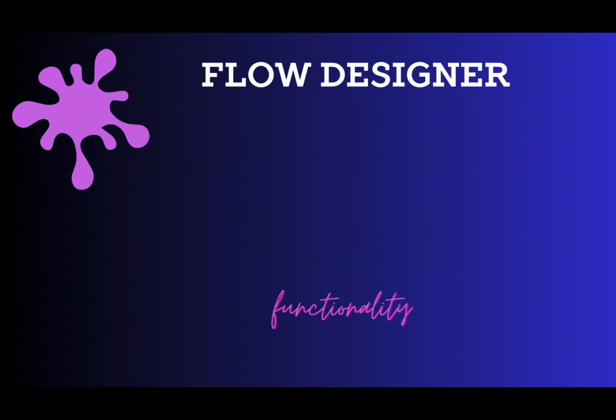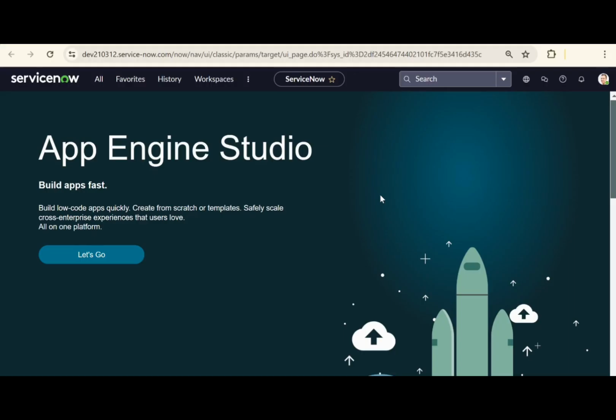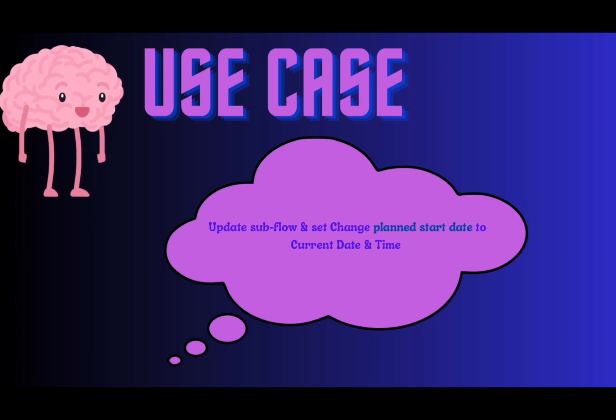Make sense? Now that I've said all of that, what are we going to be using inline scripting for today in Flow Designer? What are we doing? We are going to be updating a subflow. Remember the subflow we created to automate the creation of a change request with UI action? Yeah, that one.